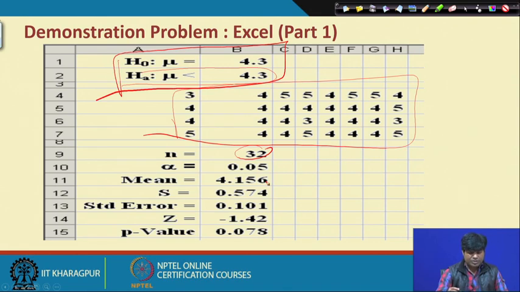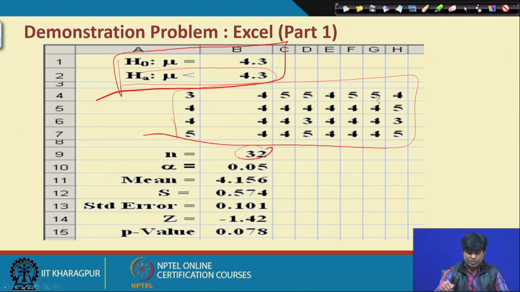You can change the alpha value, you can go to 1%, you can go to 10%. Accordingly you will find a different critical value, and if your alpha changes, then the critical value will change and the decision will also change accordingly. But if your sample size is very high, then the change of alpha may not drastically affect your decision making process.